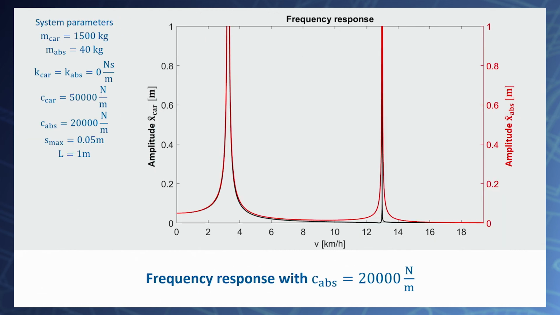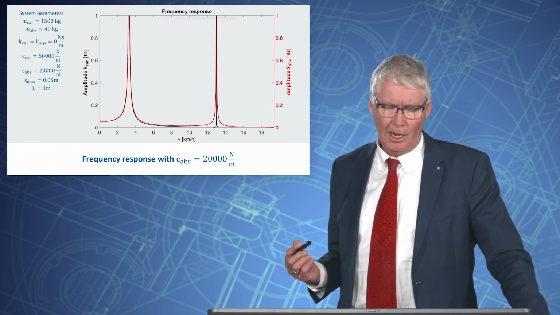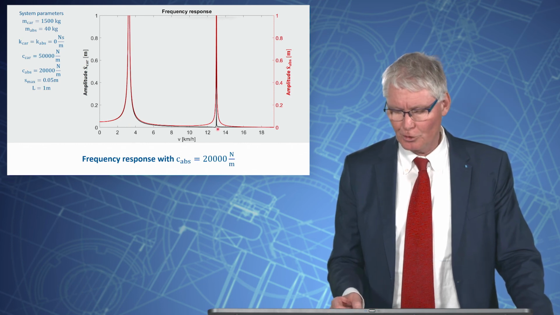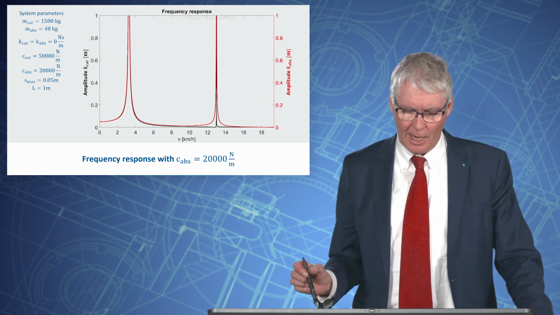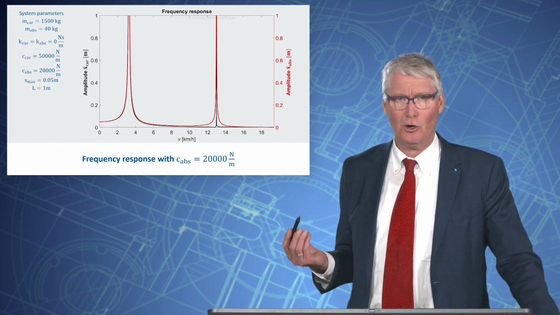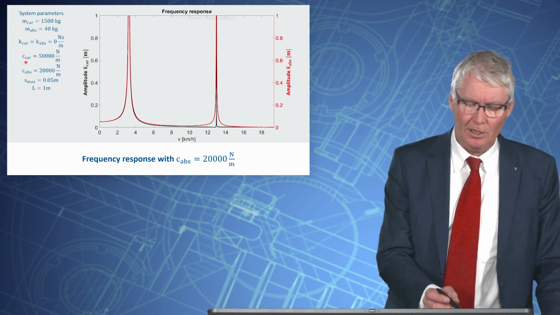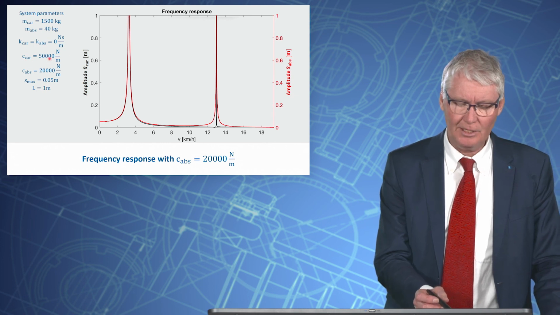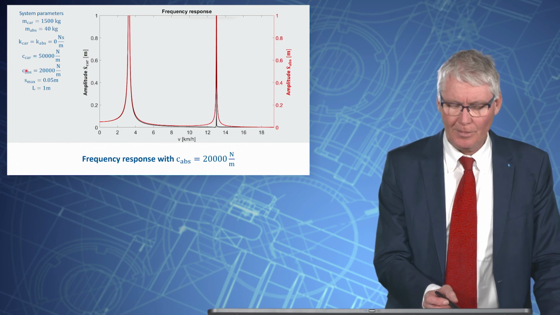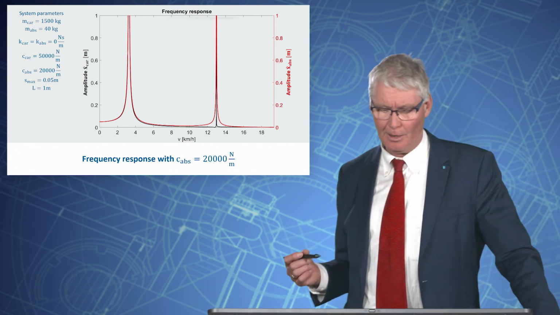The frequency response diagram that I've shown previously was based on two resonances that were quite close together. We can also use other values for the system parameters. Of course, since we are still talking about the same car, we didn't change anything about the stiffness of the car spring rate and the mass of the car, but we changed now the spring rate of the spring that connects the absorber mass with the car body.